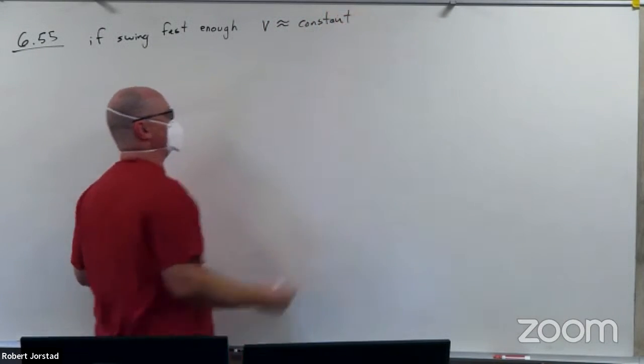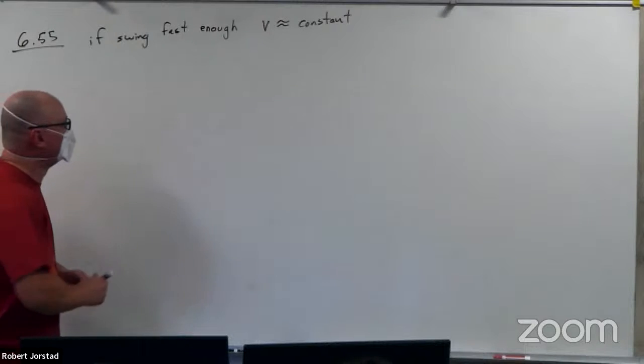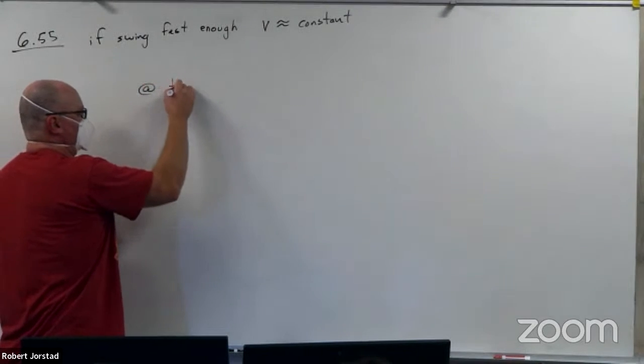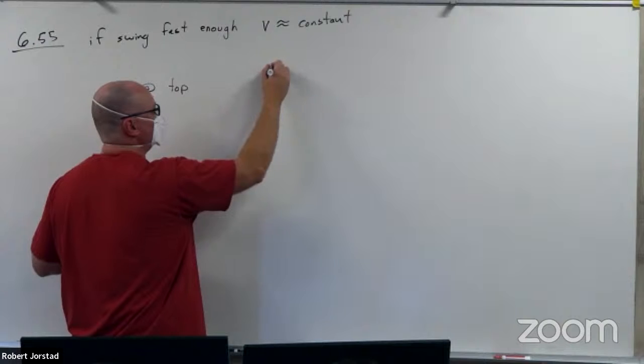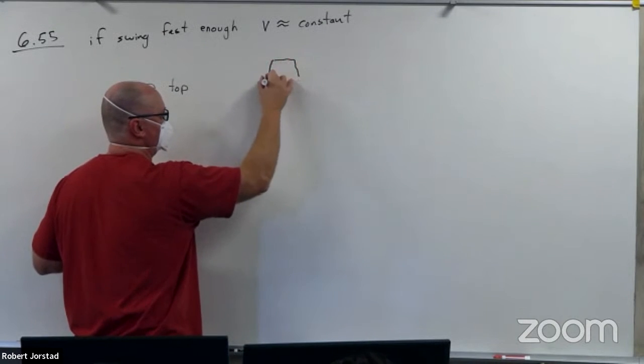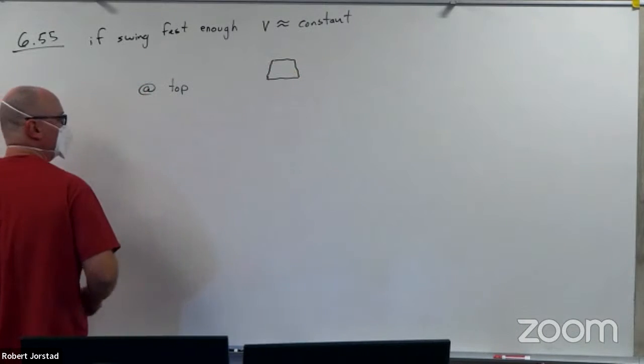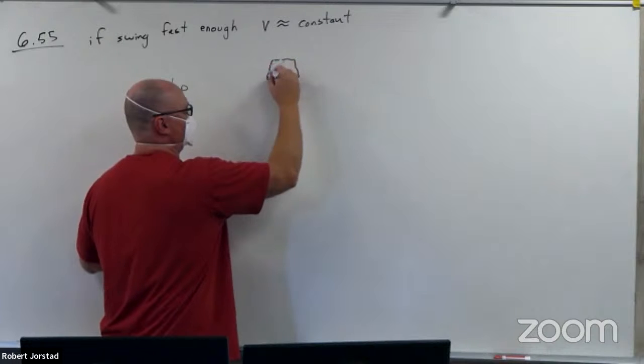So the trick is, if you spin this thing fast enough, we could treat this problem as constant velocity. Remember when we talked about that earlier? At the top, let's pretend it's a volume of water. Imagine we had water in the cup.